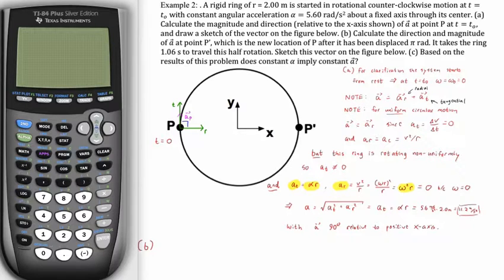In part B, we're asked for what's happening at point P prime. So basically once the ring has rotated through half a full rotation, because we've moved from here to here. And in that time, the ring has been rotating with a steady angular acceleration of 5.6. So it's speeding up its rotation, which means that by the time it gets here, omega is no longer equal to 0.